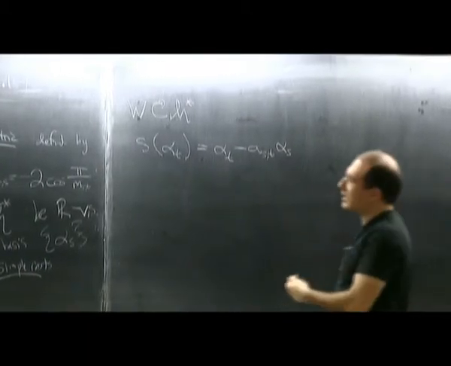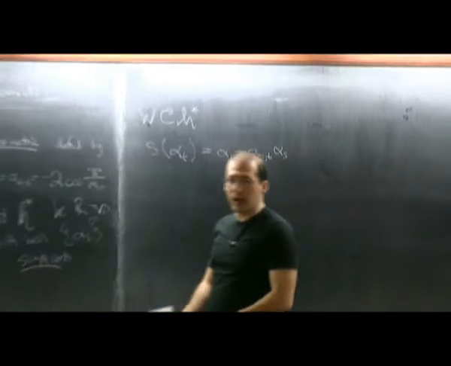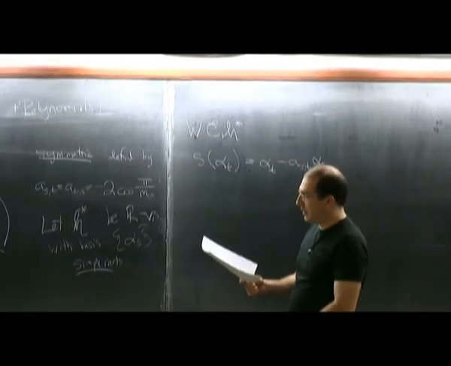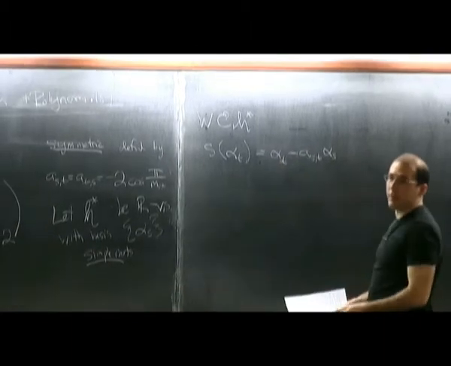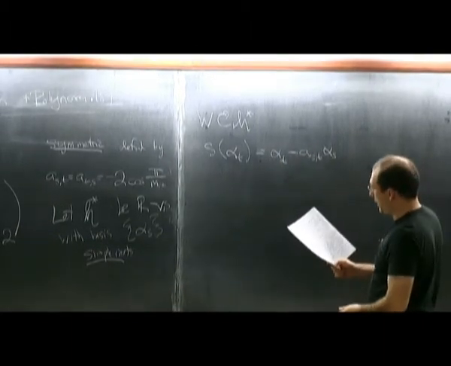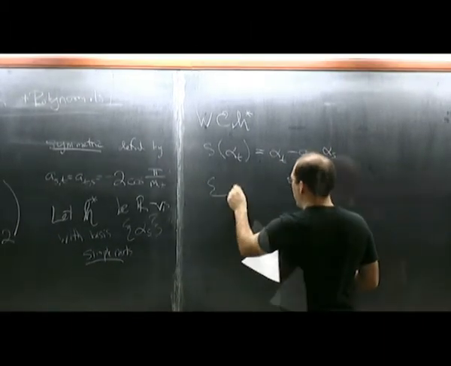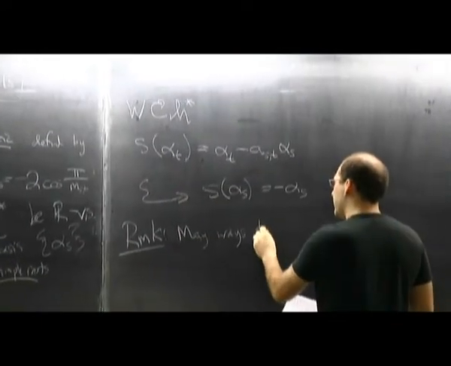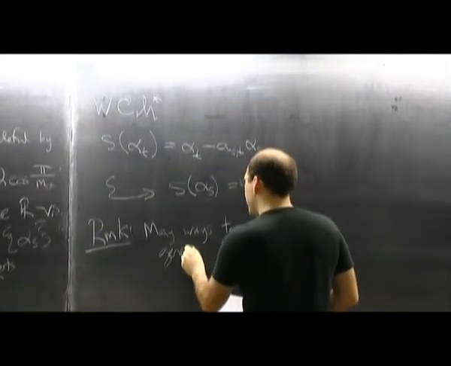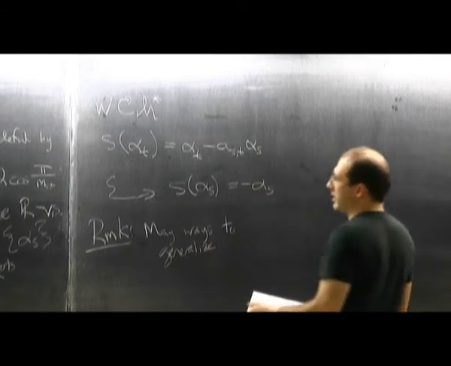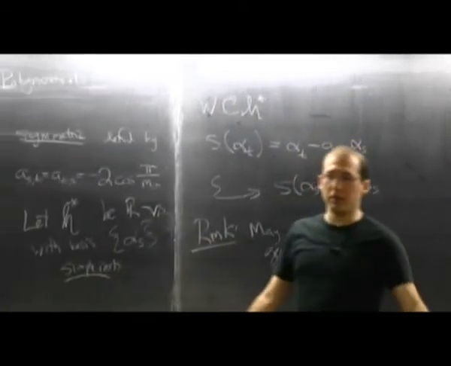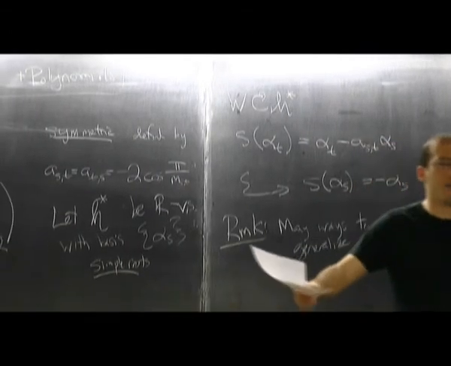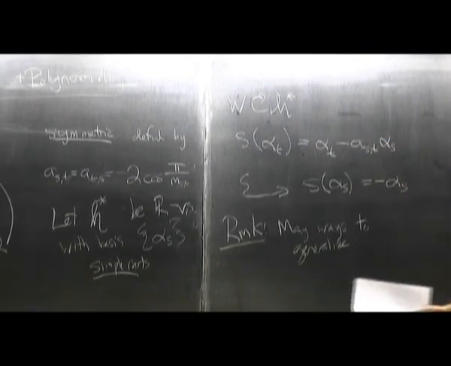So this is exactly how you would expect something to act by reflections. And these numbers are chosen so that this is actually a representation of W, as shown in the exercise sheet. Basically, there's going to be a representation called the reflection representation, and everything else we do will be based on this choice.